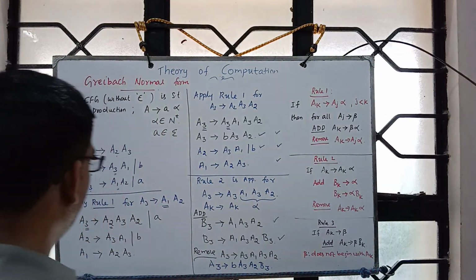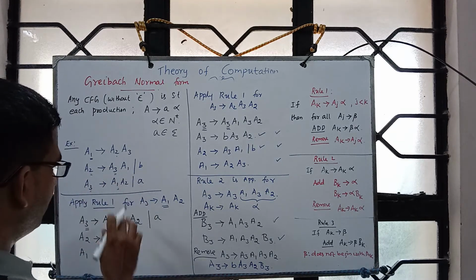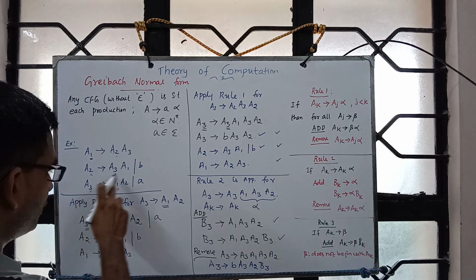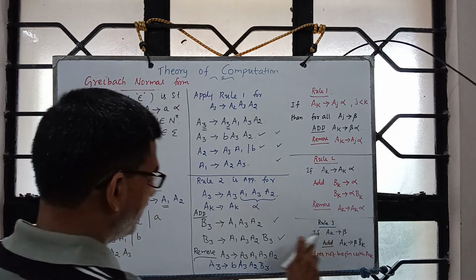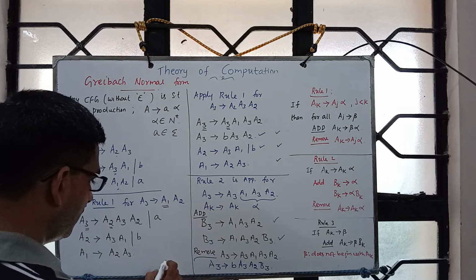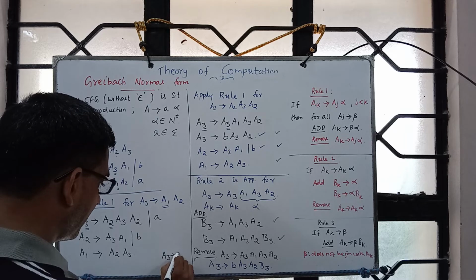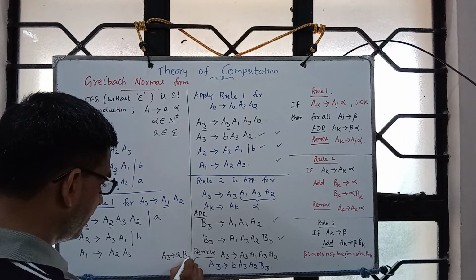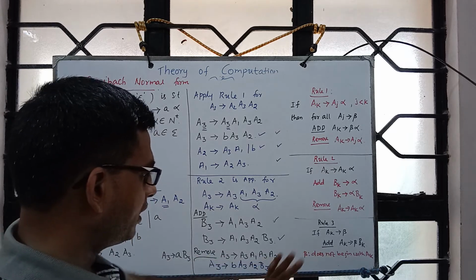Note that we also have A3 implies A. Okay, so we were only modifying this part. We also have A3 implies A, which means this rule is applicable for this as well. So you get A3 implies A B3. And when you apply rule 3, we are not removing anything.